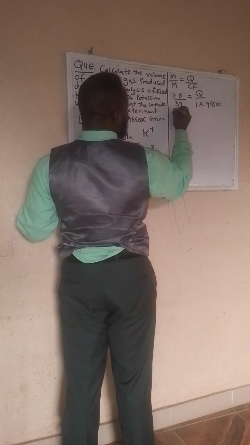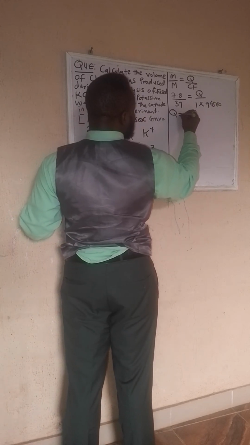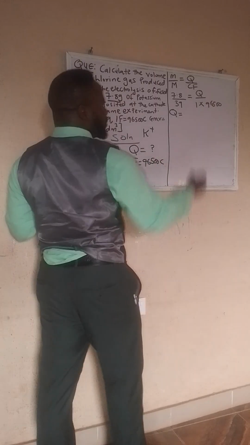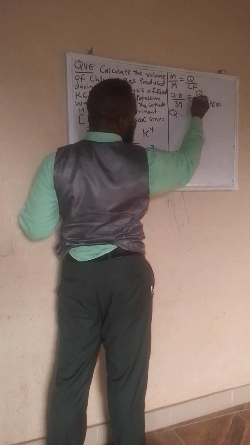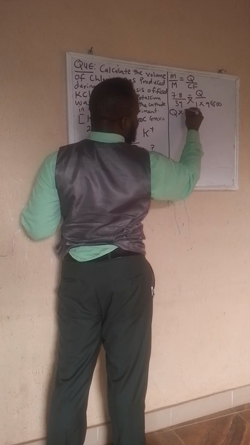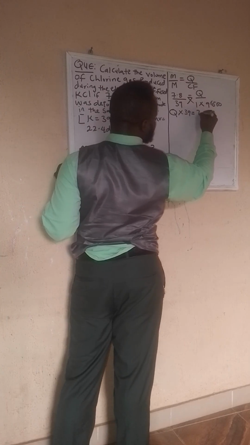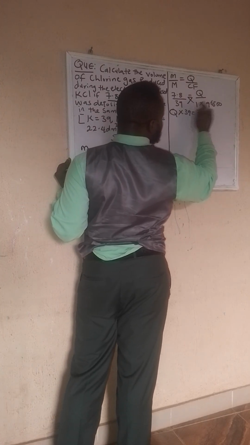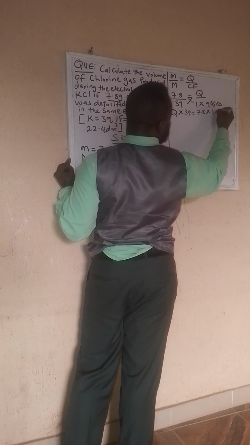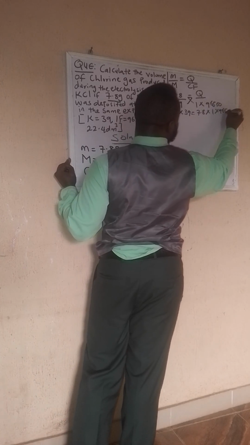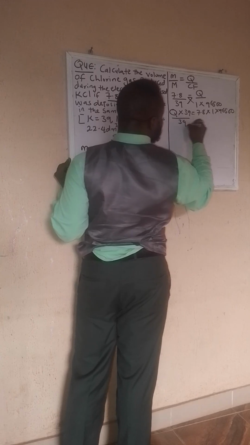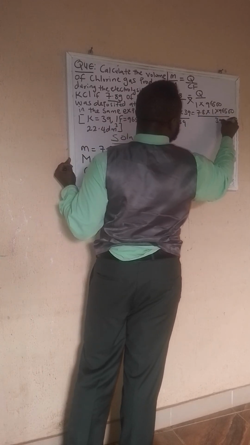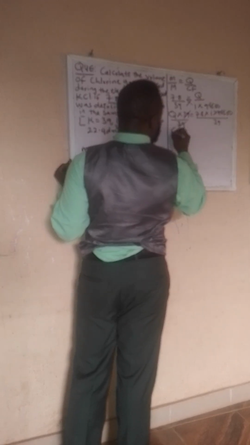Let's cross multiply first. Q times 39 is equal to 7.8 multiplied by 1 multiplied by 96,500. So you divide both sides by the coefficient of Q.